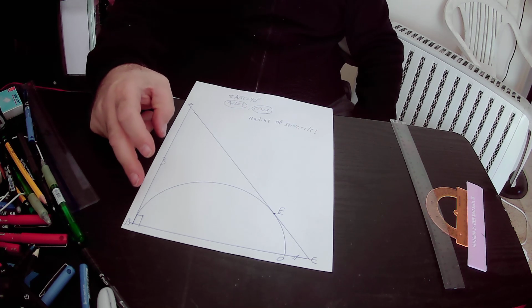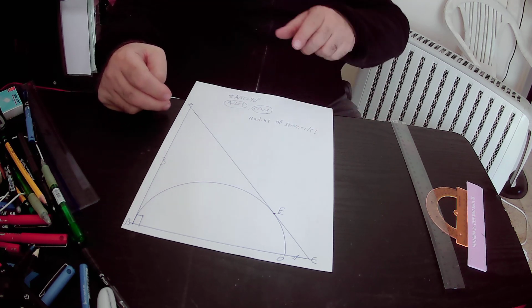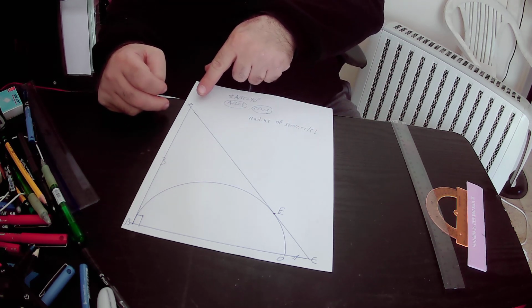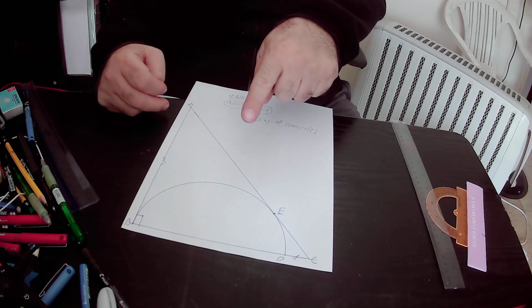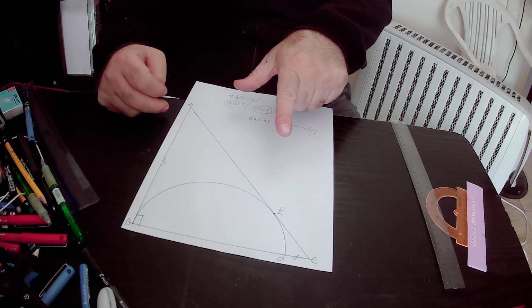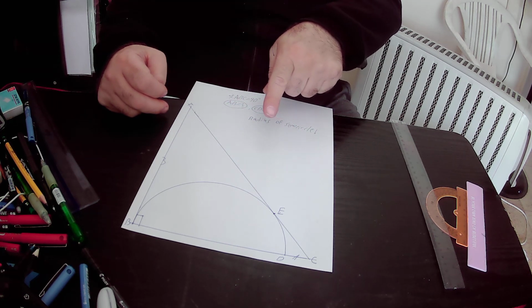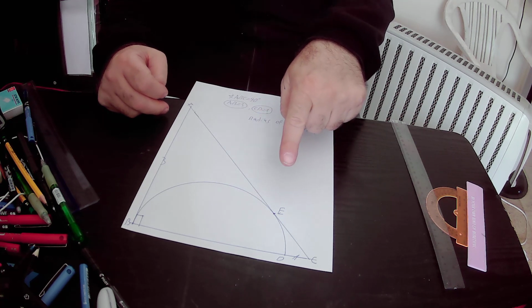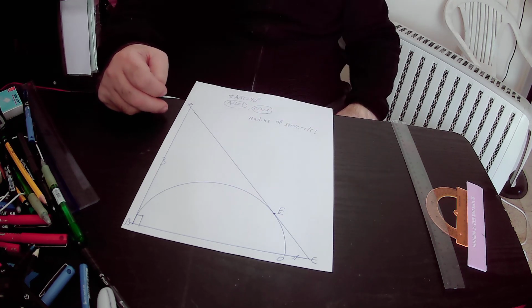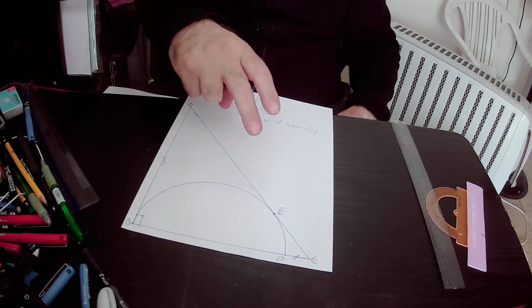Tangent AB is tangent to the semicircle at point B, and we have a second tangent from point A, that is the external point, to the semicircle. The second tangent to the semicircle is AE, and tangent AE is tangent to the semicircle at point E. Therefore, according to rule number 1, AB will be equal to AE.